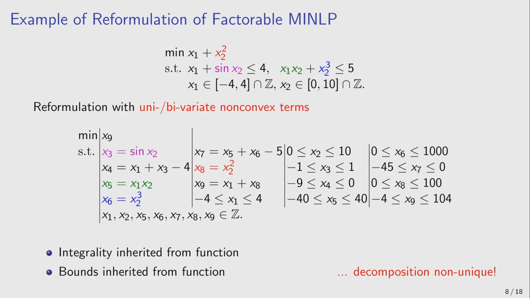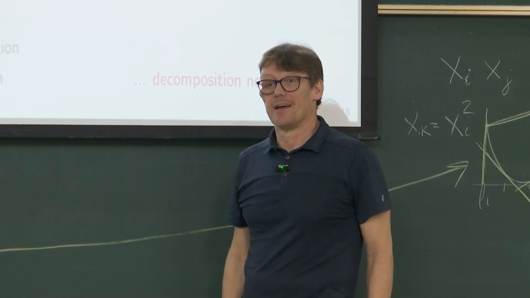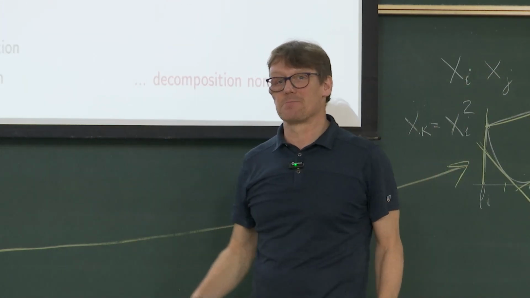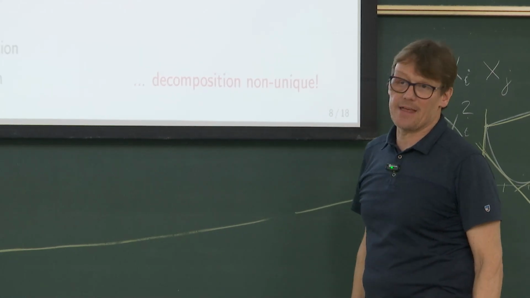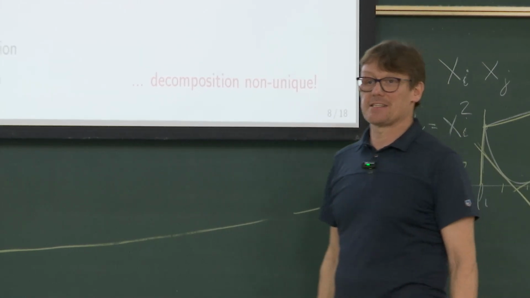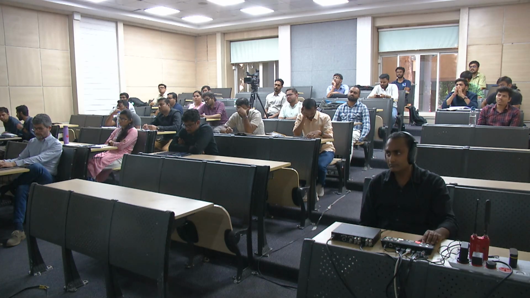You can just imagine there's so much more room in 9 dimensions than in 2 dimensions. Just going from 2 to 3 is already much more space. So they're typically very poor. But it's general. That's the nice thing about it.